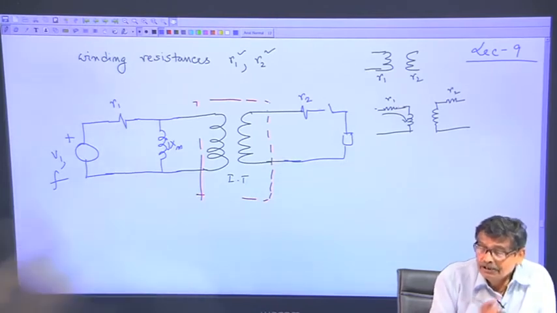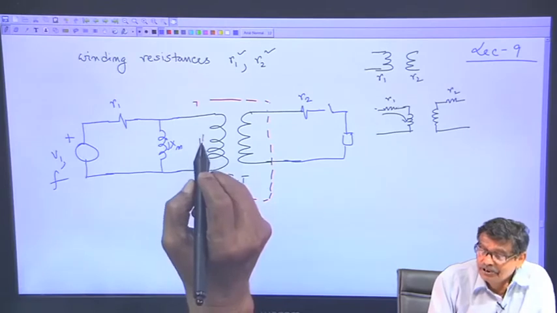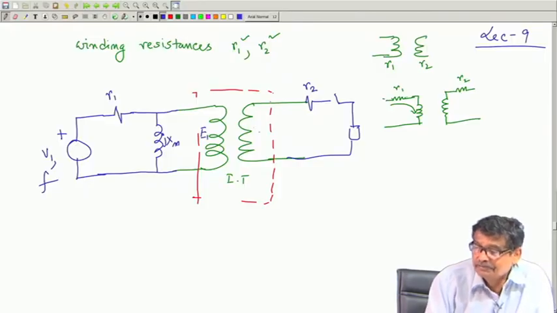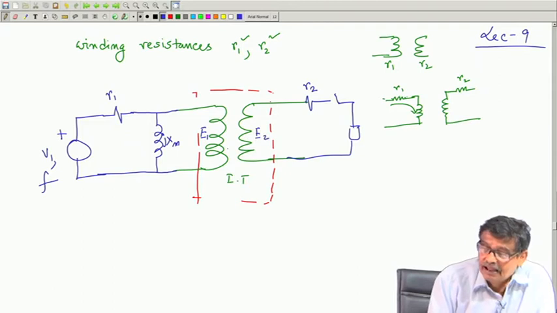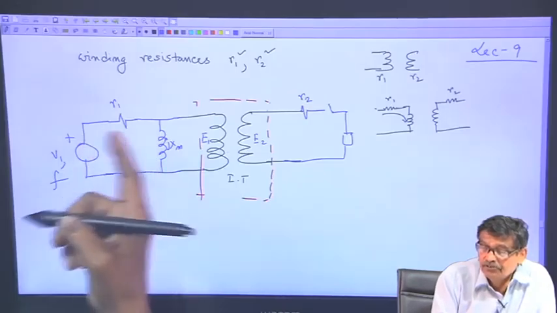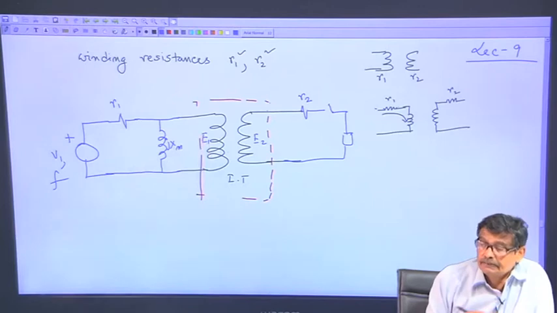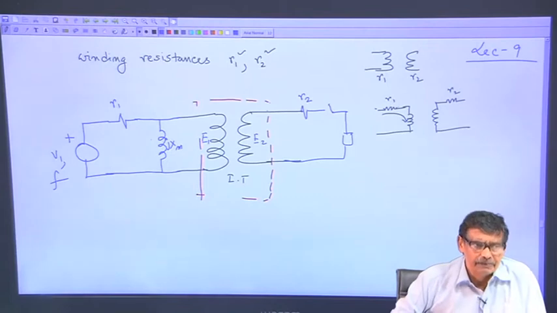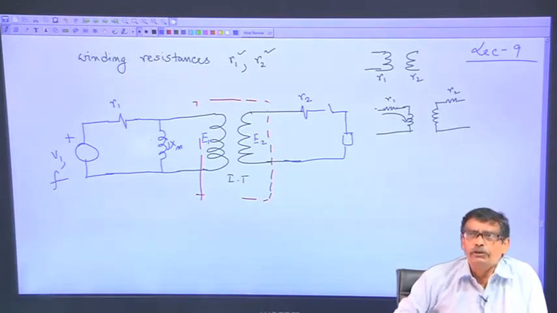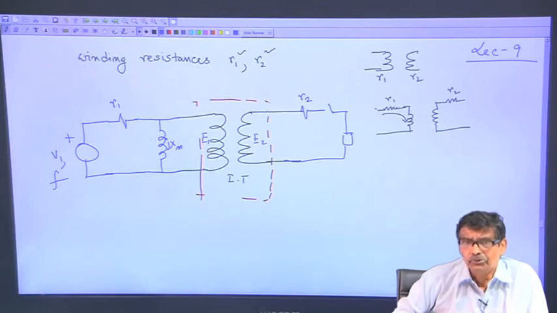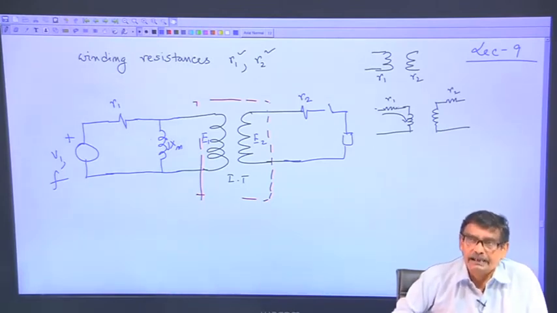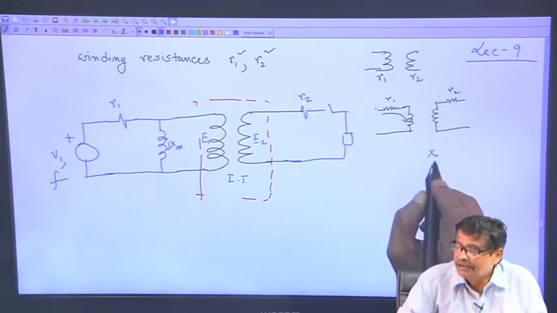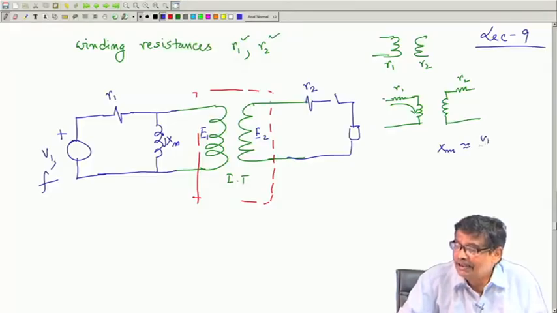Now, the moment R 1 is present, I must also distinguish between E 1 and V 1, there will be a drop here in series. X m, what do you think? Its value will be low or high? Its value will be high. You should not choose a magnetic material which requires very large magnetizing current. See, X m is what? X m is approximately V 1 by I m.